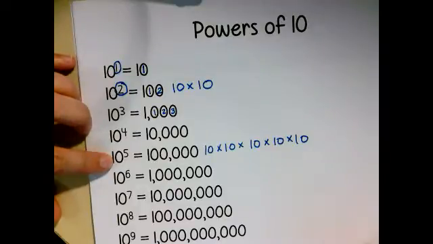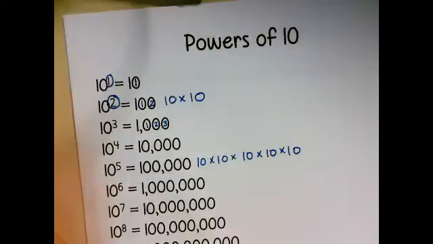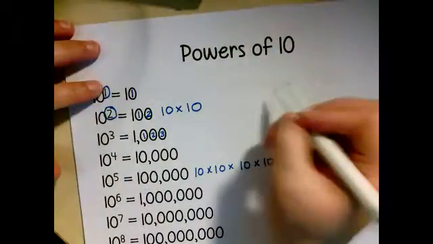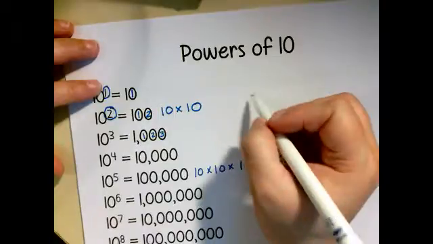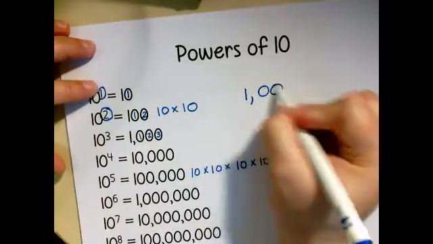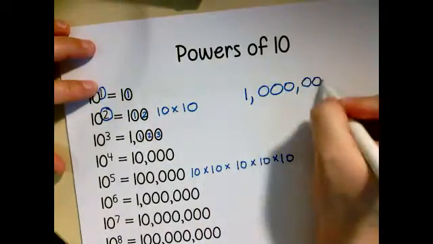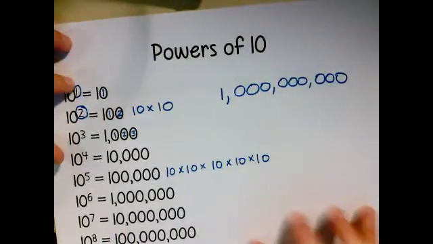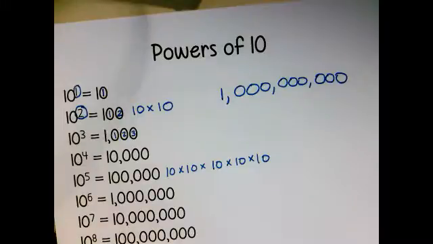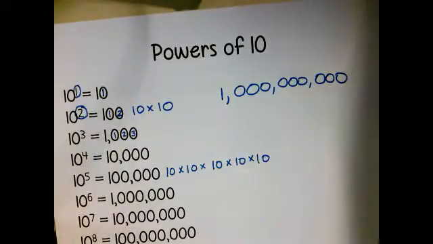So if I gave you a number, and I know that they did this in Study Island, in USA Test Prep, if they were to give you this number and ask you to write this with an exponent, how would you do that?